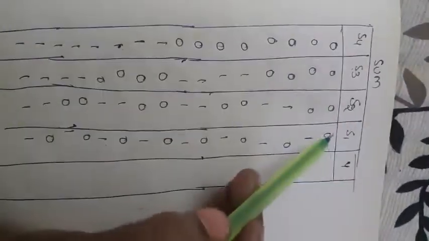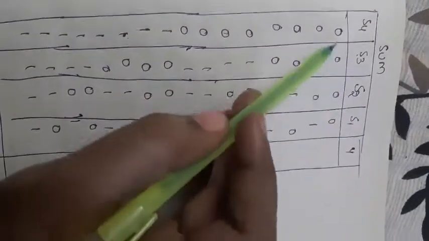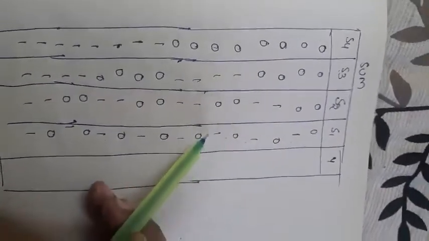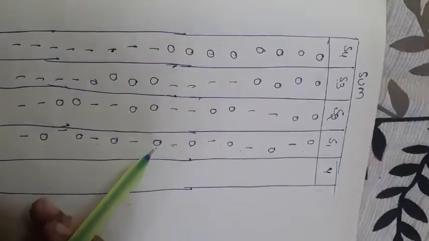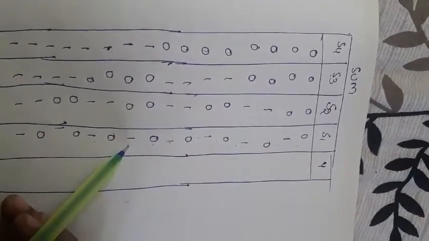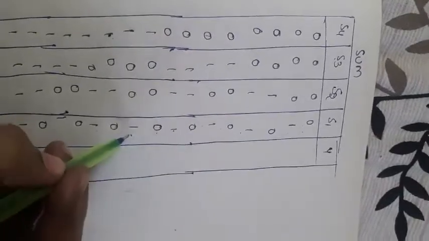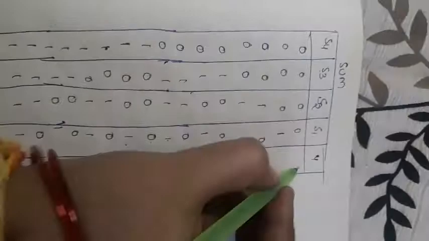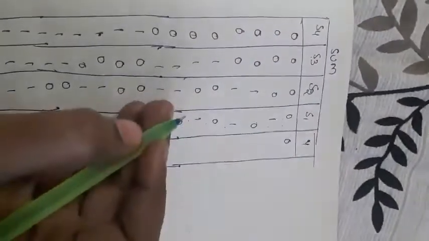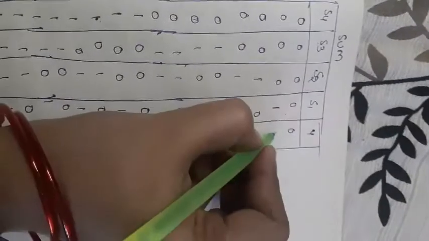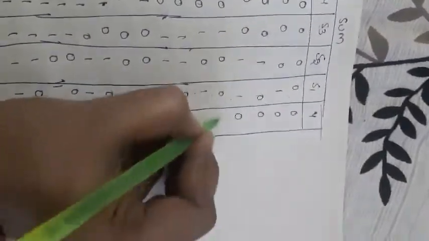Just check here: 0, 1, 2, 3, 4, 5, 6, 7, 8, 9. Up to here the numbers are up to the decimal 9, so they are not greater than 9, it has not exceeded 9. So the output is equal to 0.